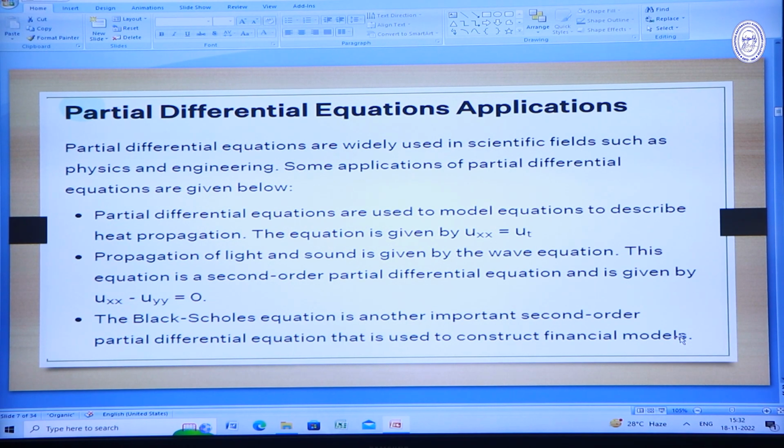Propagation of light and sound is given by the wave equation. This is a second order partial differential equation and is given by Uxx minus Uyy equal to 0. The Black-Scholes equation is another important second order partial differential equation that is used to construct financial models.